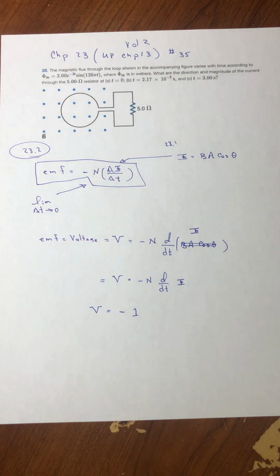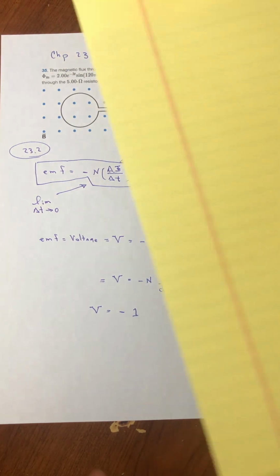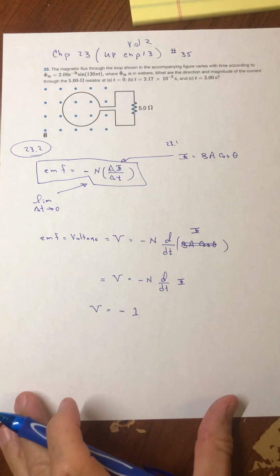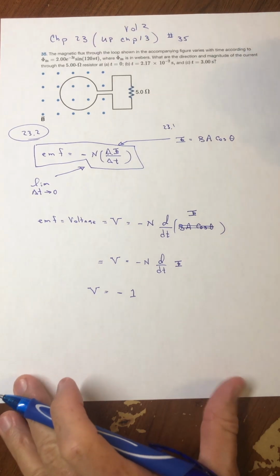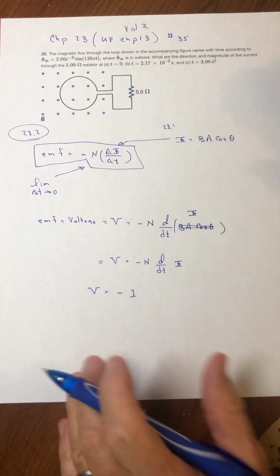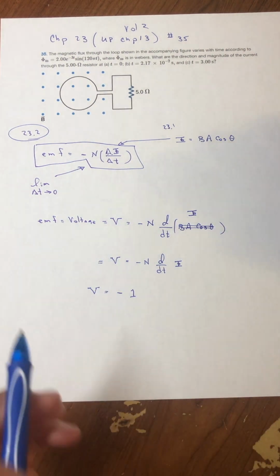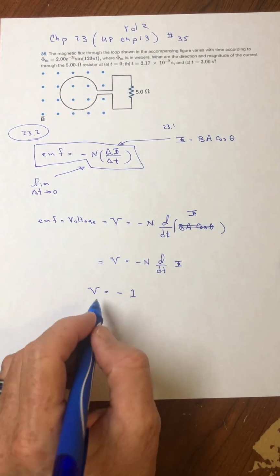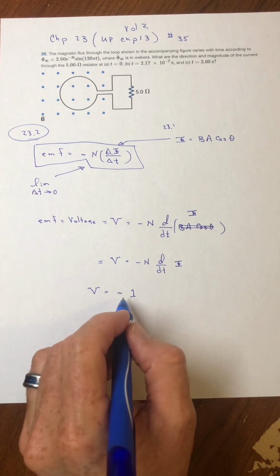Let me grab some yellow pad over here. It's kind of out of my reach, but let me get it close by, because I'm going to need a couple of pages for this. The first step I would do is apply Faraday's law, which says this is how you get the voltage, the EMF.